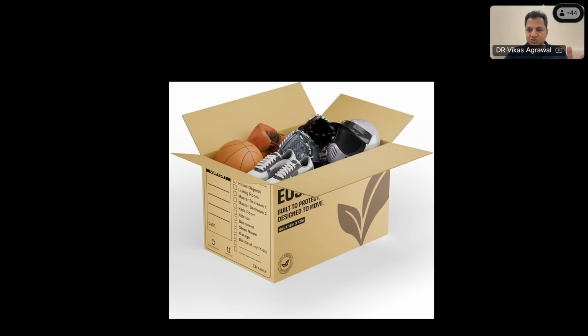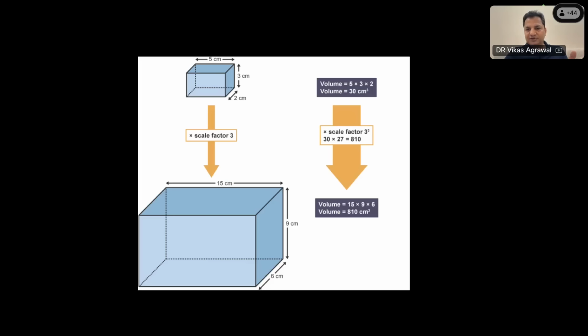And when the box is to be enlarged, that's where our maxillofacial surgeon colleagues, dental colleagues who are maxillofacial surgeons, come into place. What is important to understand is that the moment you increase the dimension of the box, the volume of the box, the contents that can be incorporated, increases many times.